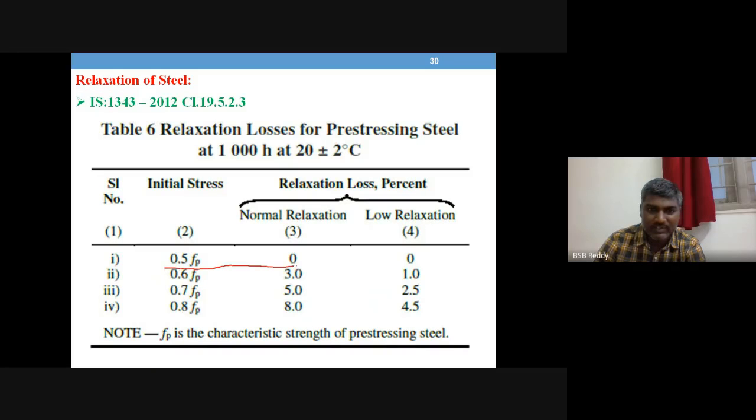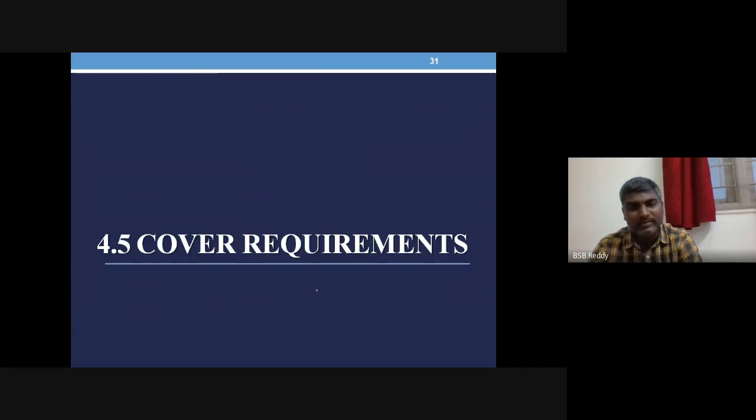If you induce 60% of the characteristic strength of steel, it will have a loss of 3%. So relaxation loss is in terms of percentages. Whereas there is a type called low relaxation steel, for which the loss will be almost half, so you can have low relaxation losses.